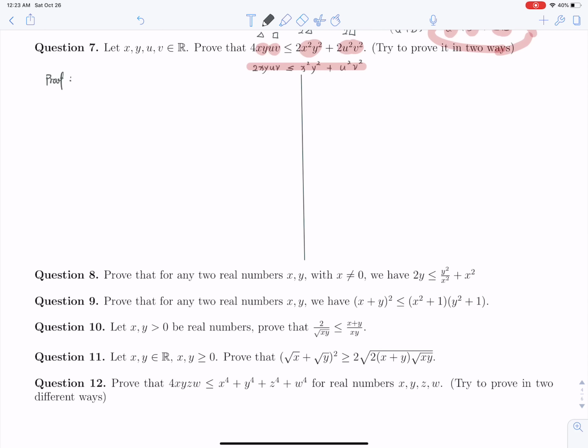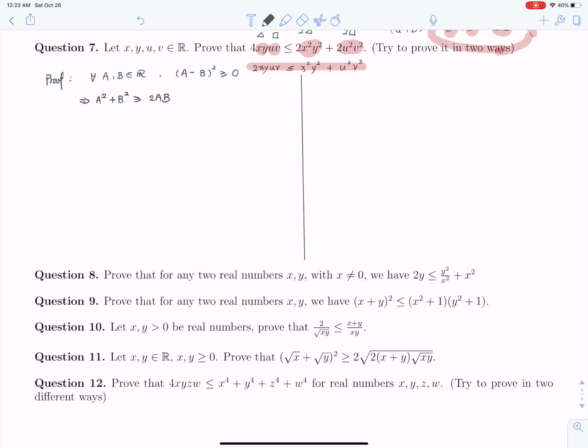So, first of all, we know that for all a, b in the real numbers, (a minus b) squared is greater than or equal to 0. This is a basic fact. Now we can open it up, which gives us a squared plus b squared is greater than or equal to 2ab.